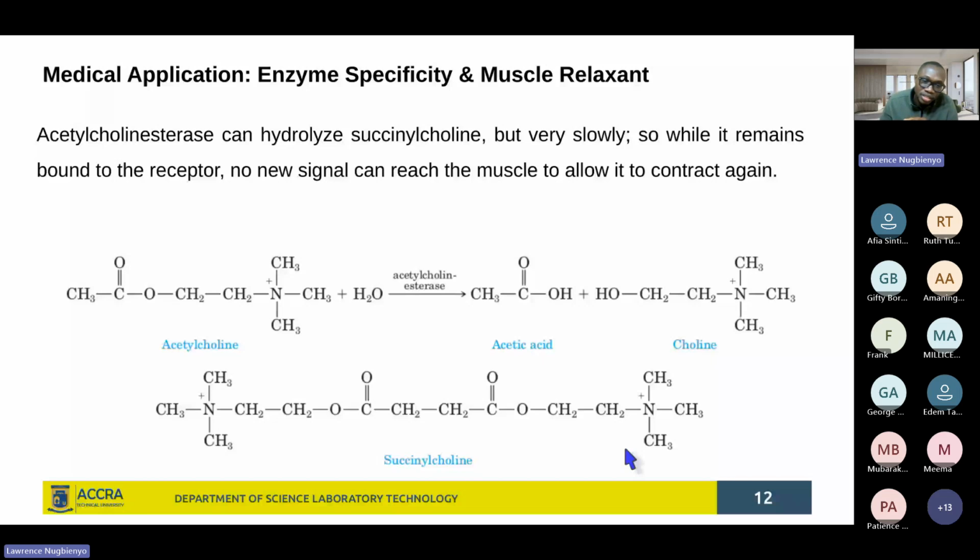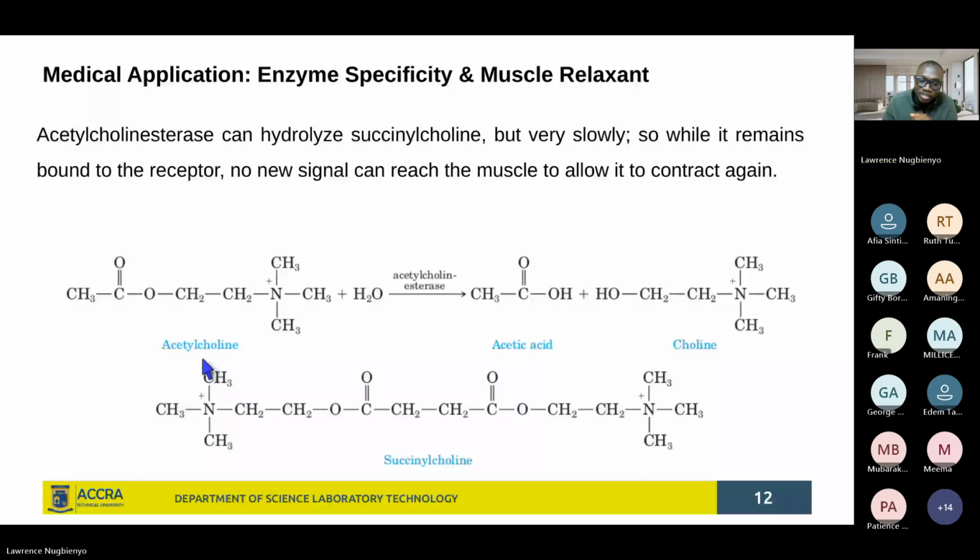And so it will not have space for another acetylcholine molecule to come to give it a signal to contract again. So the muscle is going to stay relaxed for a long time, because the muscle is not free for the next signal.